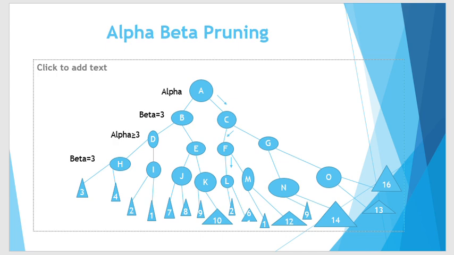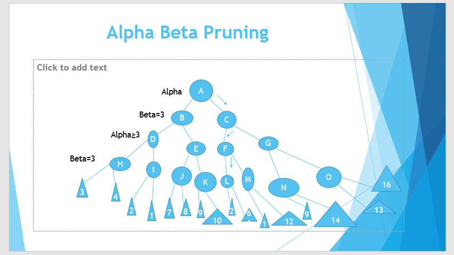So let's start first of all. You know that we move according to depth first search. So according to depth first search, we'll search to this node, and we have a value of 3. We'll fix the beta value as 3.